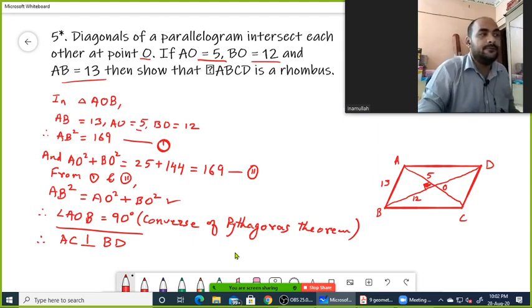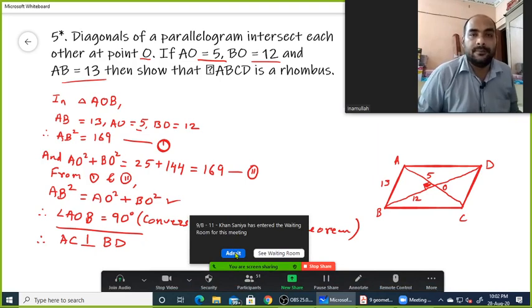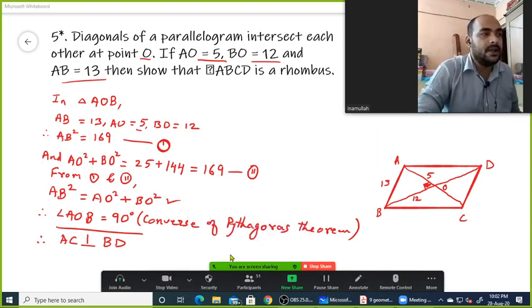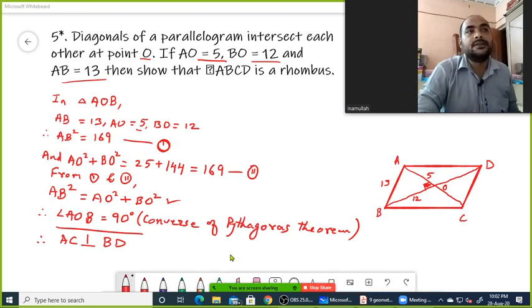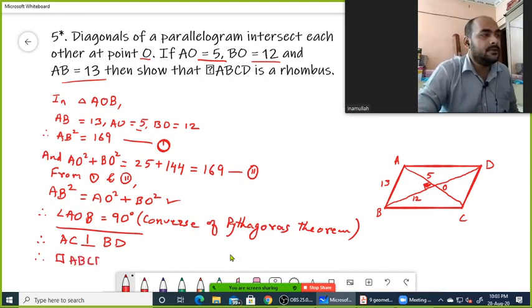If two diagonals of a parallelogram are perpendicular to each other, then that parallelogram is a rhombus. So therefore quadrilateral ABCD is a rhombus.